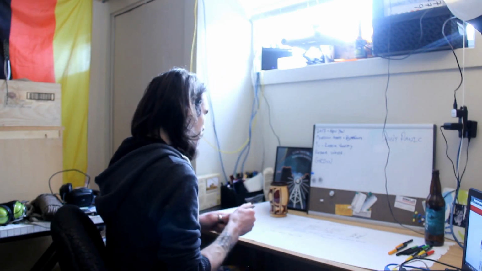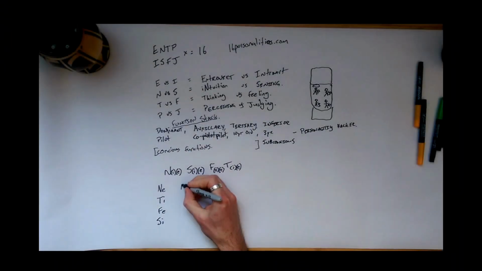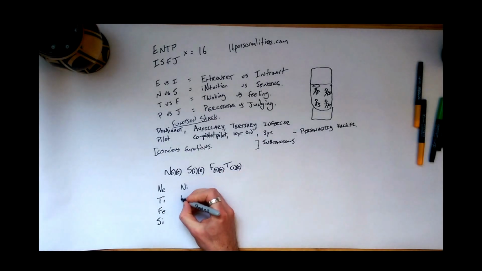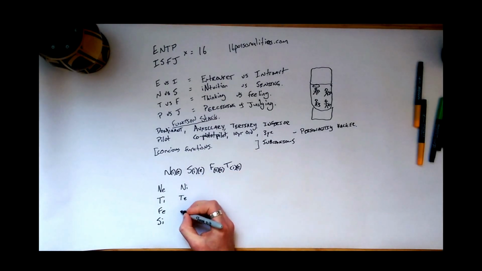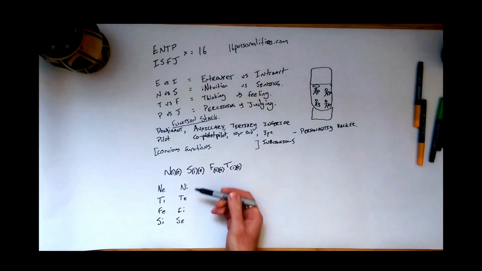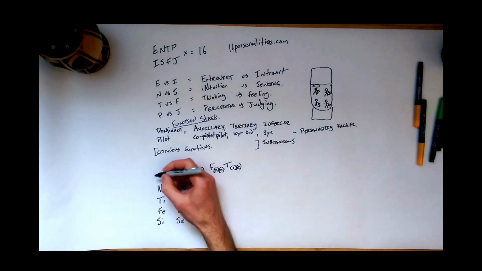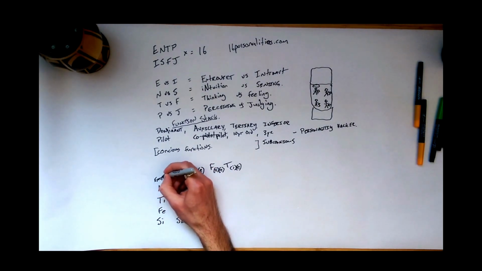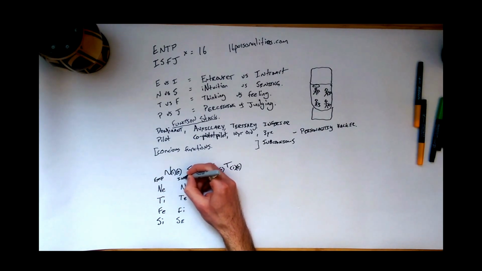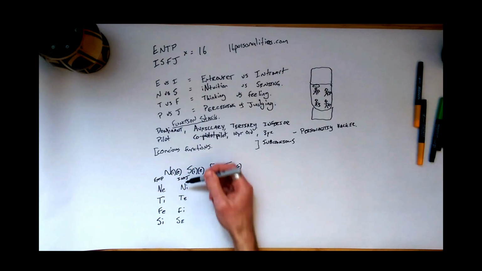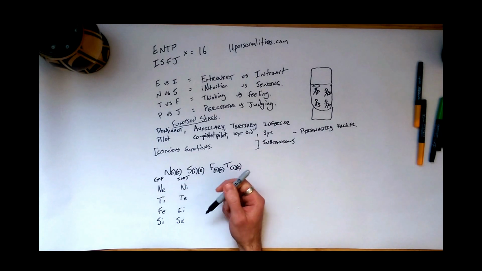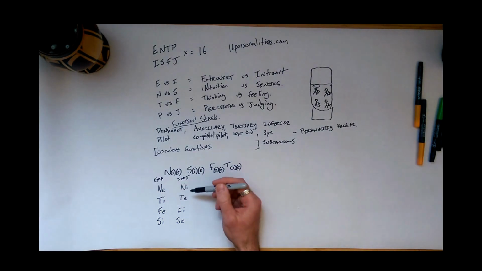So my shadow would be Ti, Te, Fi, and Se. So that's basically all eight of the stacks. And so this is an ENTP, and this one is an INTJ. So we're both NTs, and on 16personalities.com we're analysts.